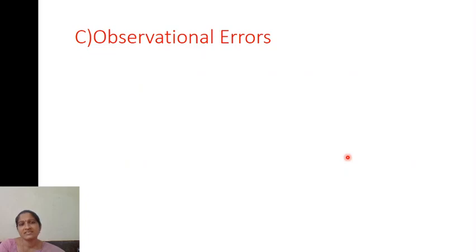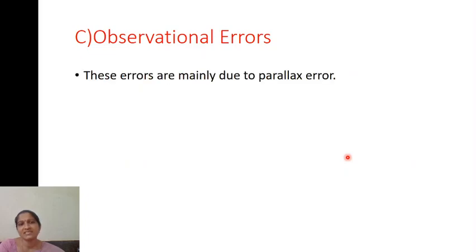And the third one is observational errors. Observational errors means, while taking the readings, if you are at the edge of the table and noting down the reading, then you will be getting the parallax error. While taking the reading, you should be in front of the instrument and take the reading exactly.